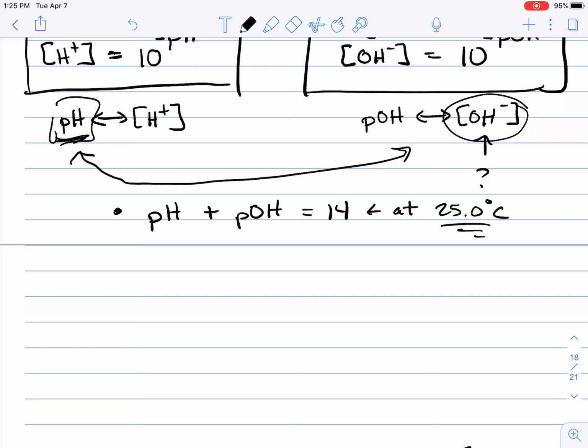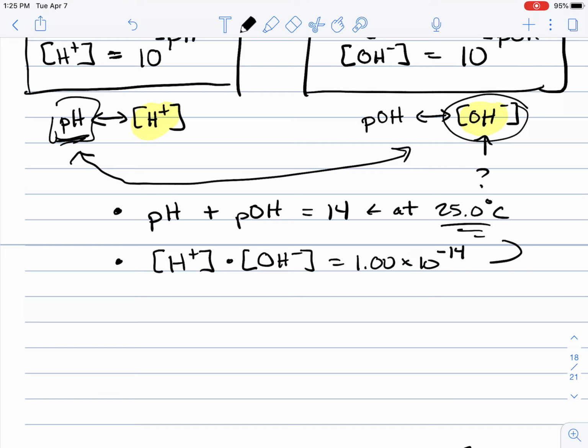The second equation allows us to make a relationship between the concentration of hydrogen ion and the concentration of hydroxide ion. And that's simply going to be the product of the two. So the concentration of H plus times the concentration of OH minus is equal to 1.00 times 10 to the negative 14.